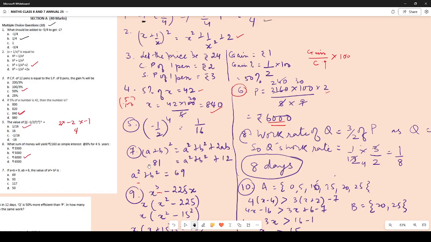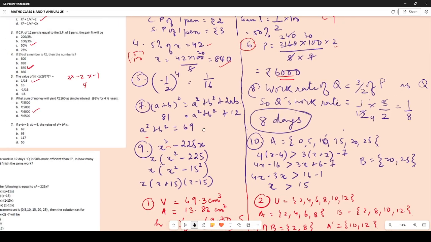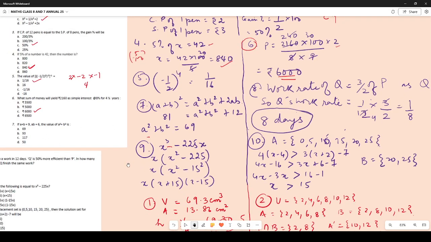Now let us move on to question number 7. If a plus b is equal to 9 and ab is equal to 6, find the value of a square plus b square. So let us take the identity a plus b whole square is equal to a square plus b square plus 2ab.